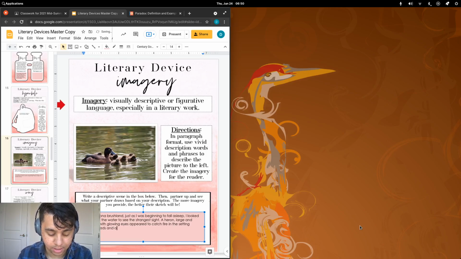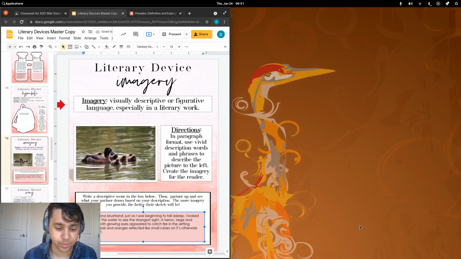Reds and oranges reflected like small rubies on its otherwise white coat. All right, so let's talk about this.